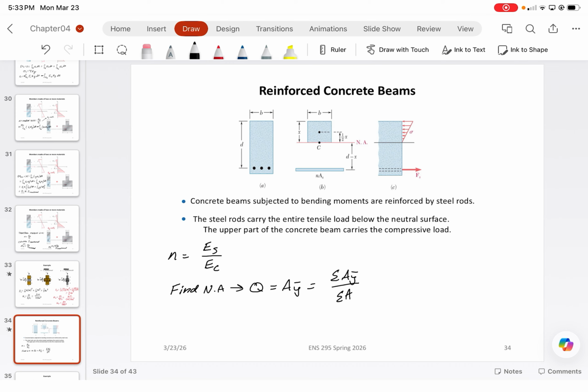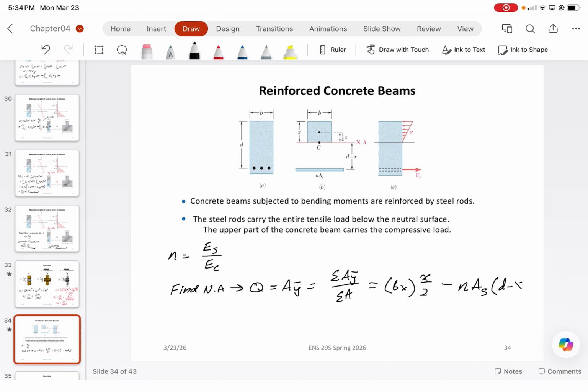Simply put, for concrete, once you guys do all of the calculations, it should just simplify to B times X, where B is the width of the concrete beam, times X divided by 2, which Bx is the area of the concrete compression block, and X over 2 is the centroid of that compression block, minus the modular ratio times the area of the steel, multiplied by its perpendicular distance, which is d minus x.